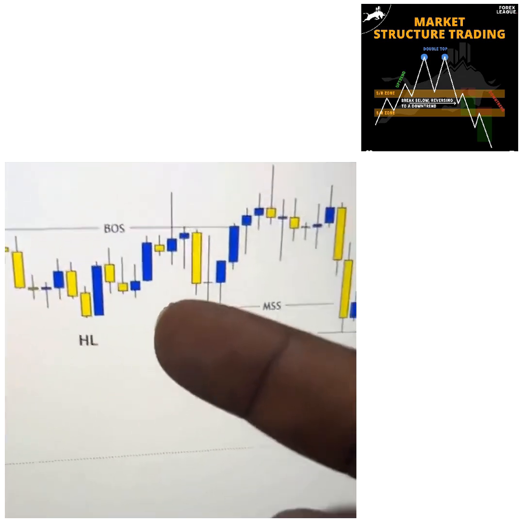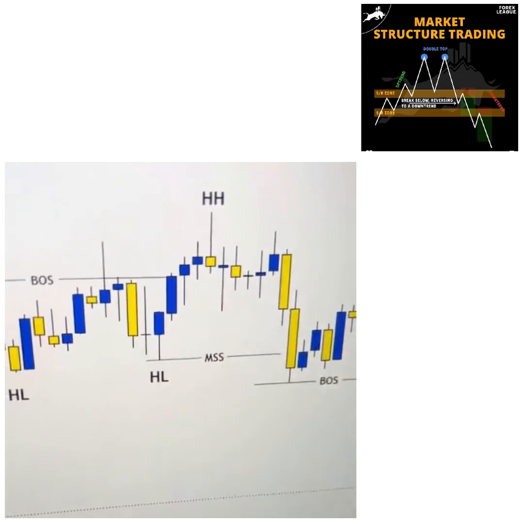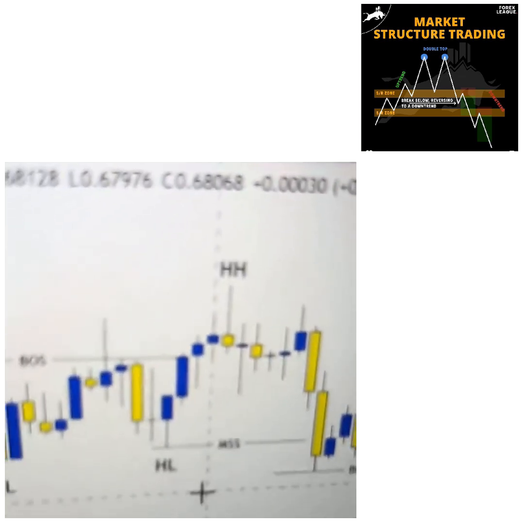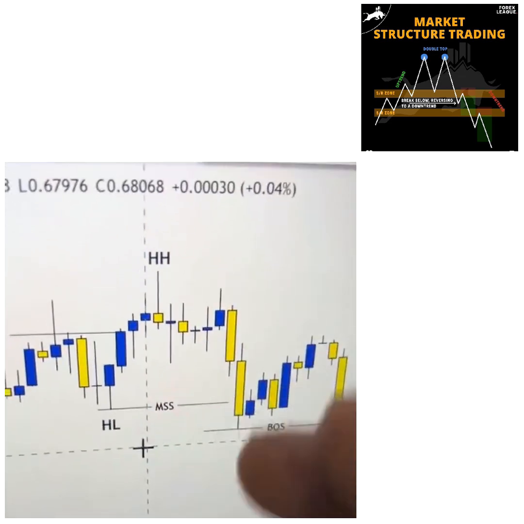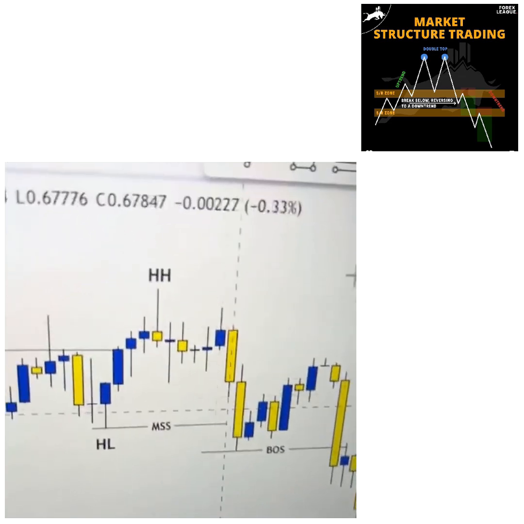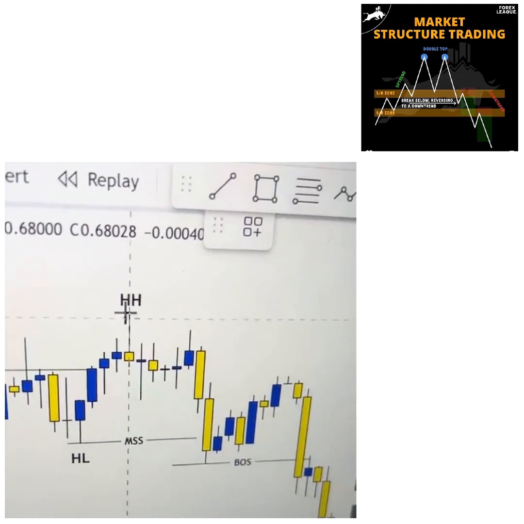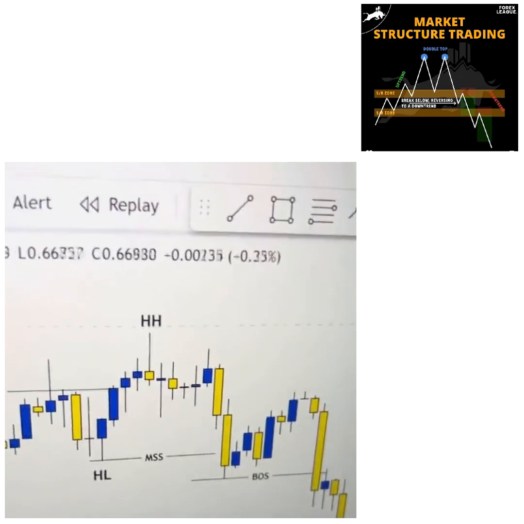Higher low, creating this break of structure, giving us a higher high. Now if you notice, assuming price wants to continue going up, this low would not have been broken. This is where my strategy was formulated from. This low, this was the high. If price was definitely going to continue going up, this recent high here would have been broken. Let me delete this, this is not what I want to use.